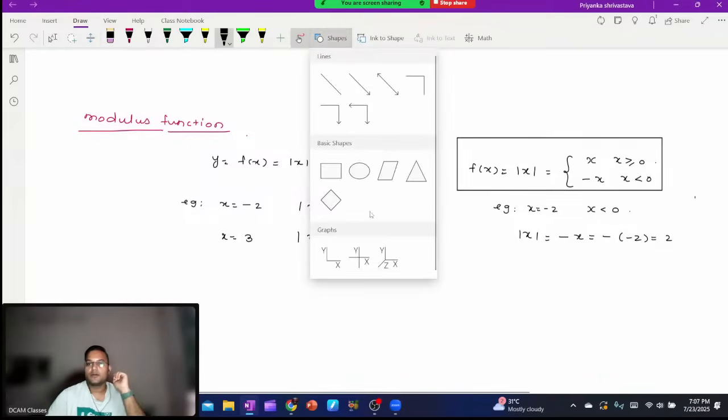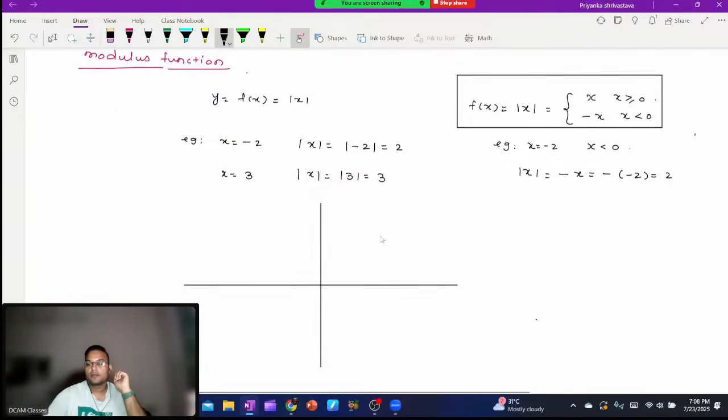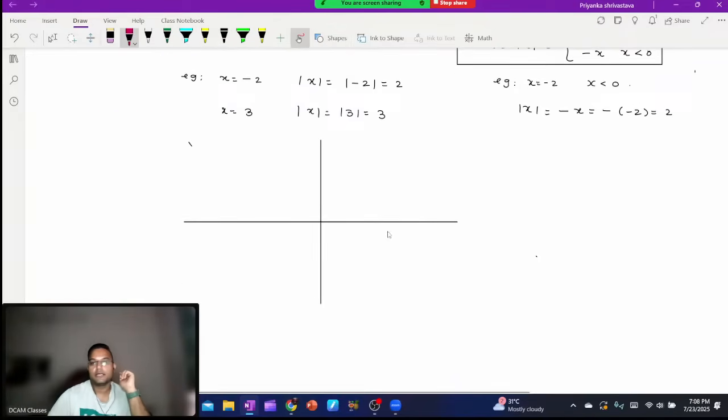Now, if we draw the graph, how will it be drawn? This is the x-axis, this is the y-axis. For x greater than or equal to 0, your graph is y is equal to x, which is a straight line passing through the origin at an angle of 45 degrees. For x less than 0, on the left side, it is y is equal to minus x.